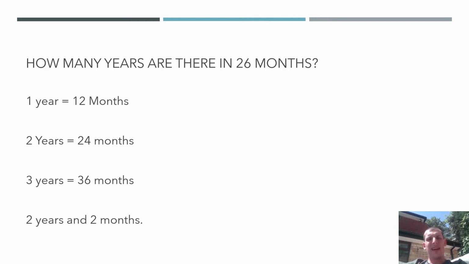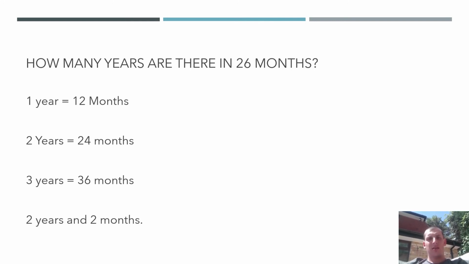What this tells us is that there's not an equal amount of years in 26 months. There's 2 years in 26 months, which is 24, and then we've got those 2 months left over, which get up to 26. So 26 months is 2 years and 2 months.